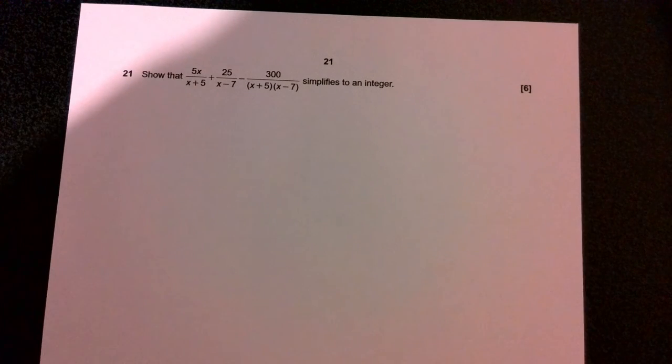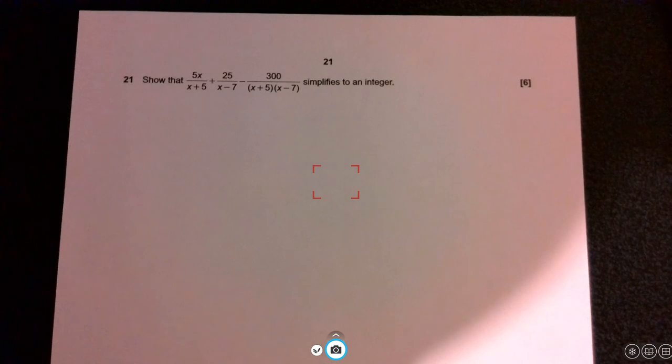And now for question 21, we have to show that 5x over (x plus 5) plus 25 over (x minus 7) minus 300 over (x plus 5)(x minus 7) simplifies to an integer. To do this question, let's put everything over a common denominator.